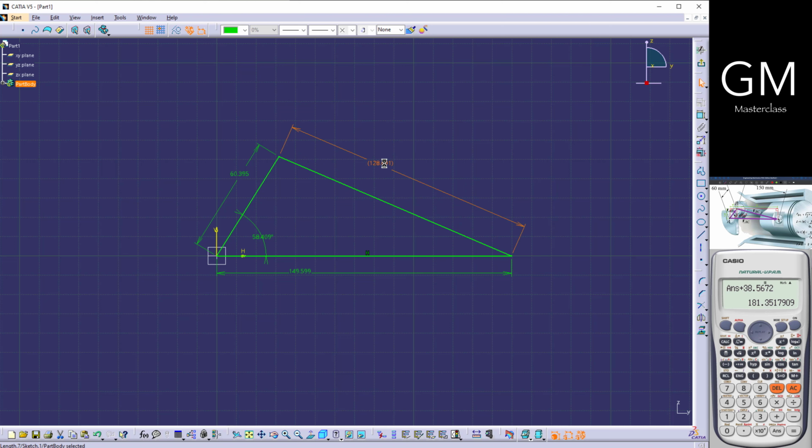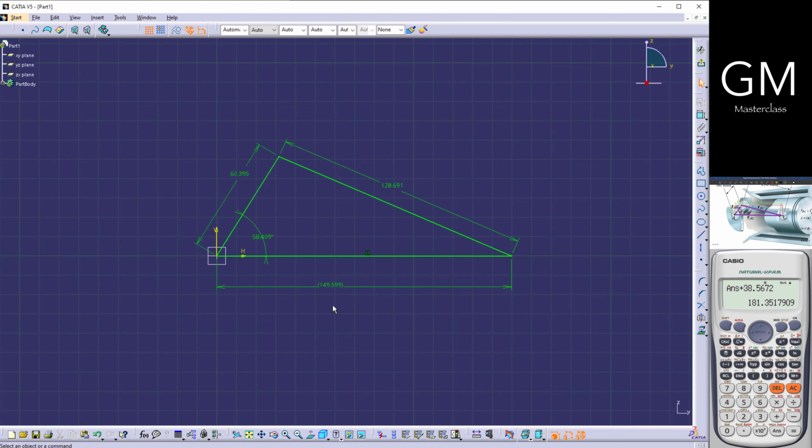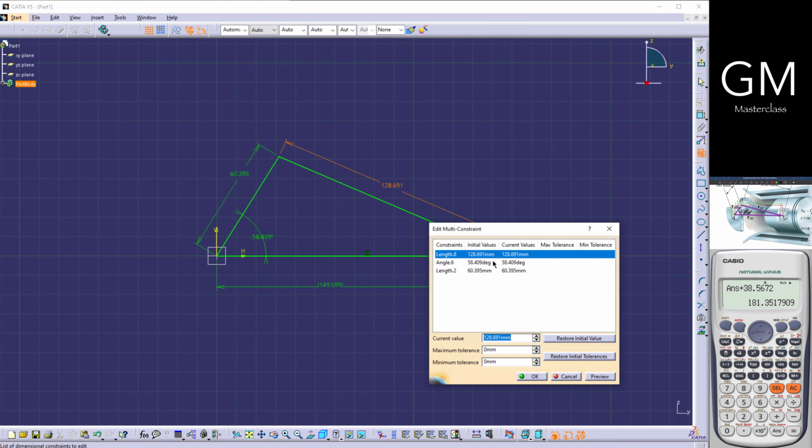Okay, but this is not the one. The one that I need is this one. I mean, this is the length that we don't know, the length that we require. Okay, this one. So I'm going to use this tool. This angle is 50.